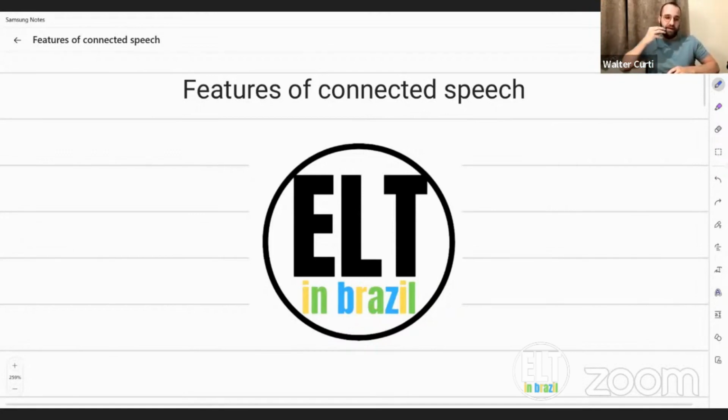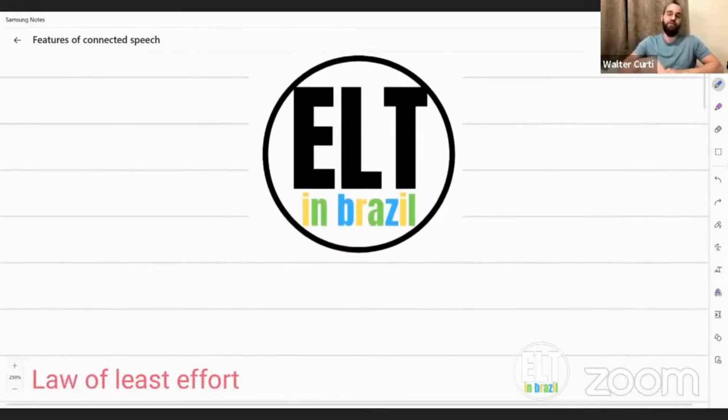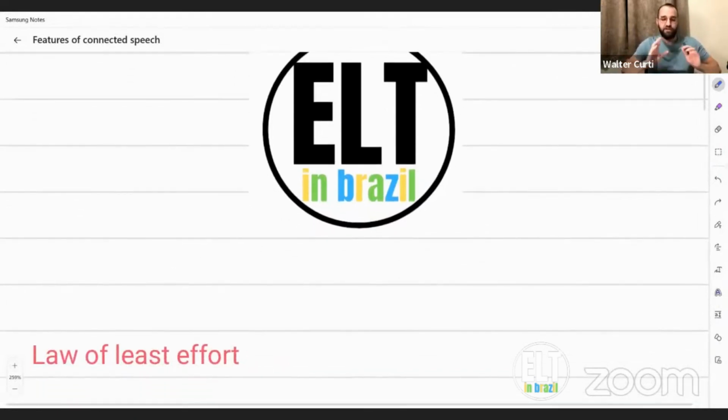They're your lips, the alveolar ridge, which is the back of your teeth, and the tongue itself. When we talk about connected speech, I want you to remember one thing, called the law of least effort, which means that we're always trying to make the least effort with the articulators in order to produce the sounds in the easiest way possible.